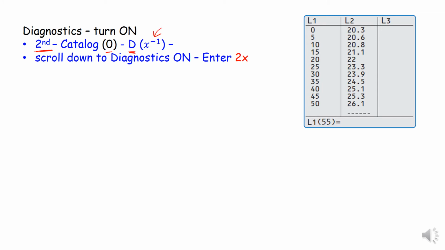The catalog takes you automatically to the D's in the alphabet, and you scroll down until you get to diagnostics, make sure they're turned on, and then hit enter 2 times. Follow those instructions, and when everybody's got their diagnostics on, then we're ready to enter our data.